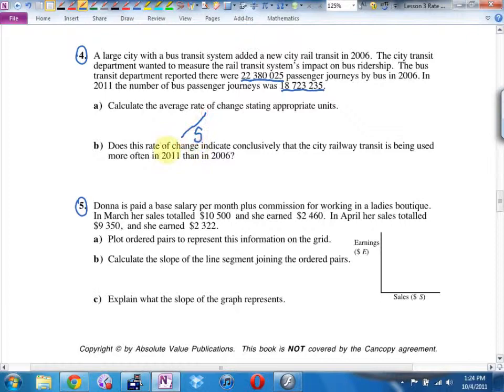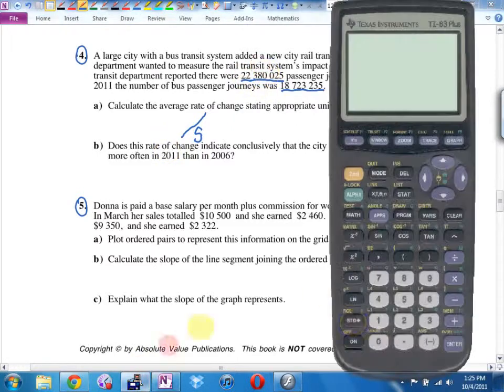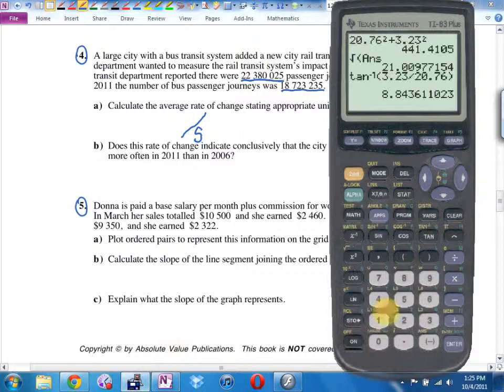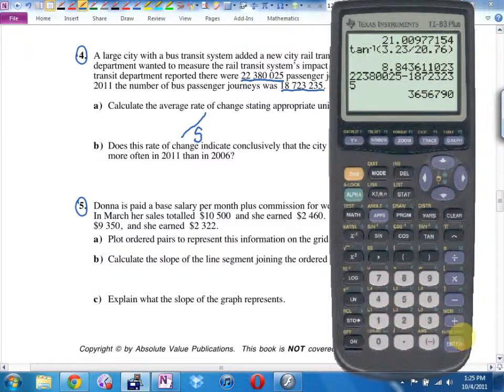If I want to find out the average rate of change, I think per year, it's over 5 years. And how many did we lose? Well, we started out with 22,380,025, and we ended up with 18,723,235, a difference of 3,656,790.